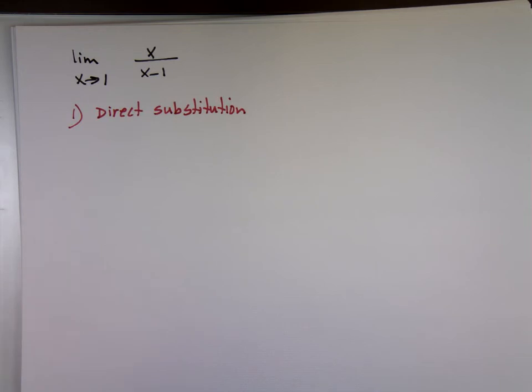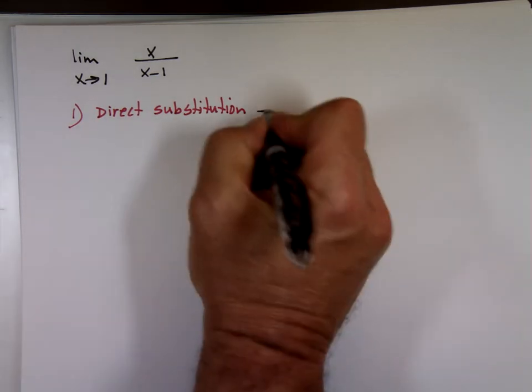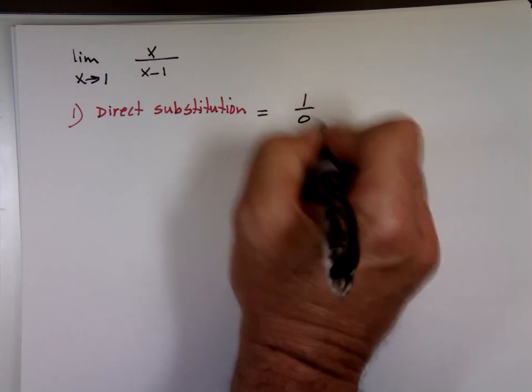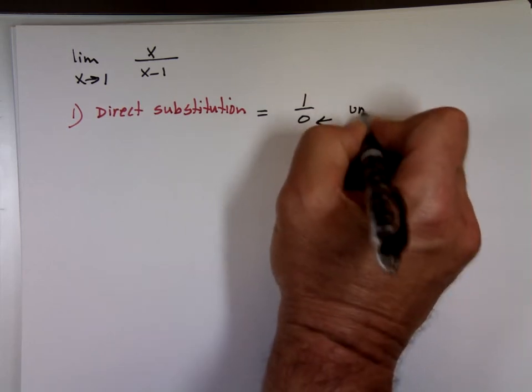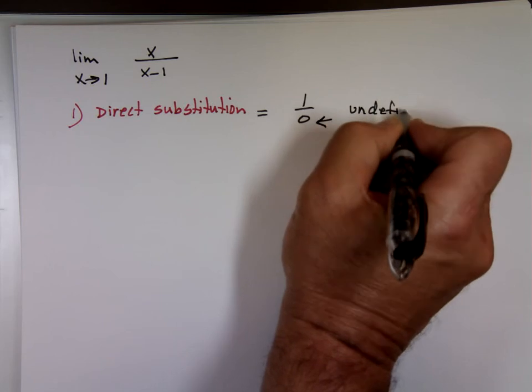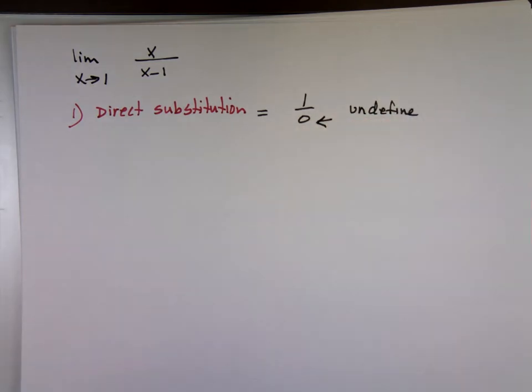Direct substitution, you'll have what? 1 over 0, which is undefined. Notice you got a 0 on the bottom. So you can't use direct substitution. Can we factor, simplify this, do something about it? No. You can try all day, all night, it's not going to work.